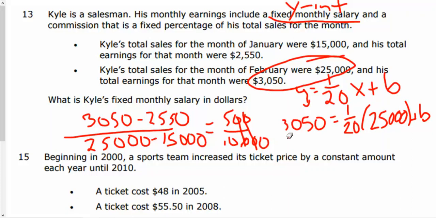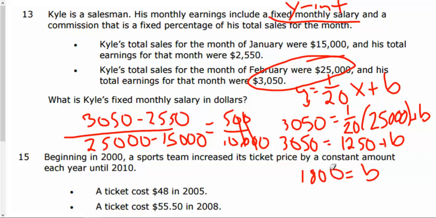So I get 3,050 equals 1,250 plus b. So b, by subtracting over, I get is 1,800. Meaning that each month, his fixed salary is going to be 1,800. And there we go.